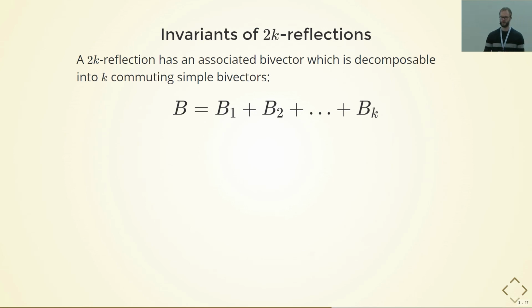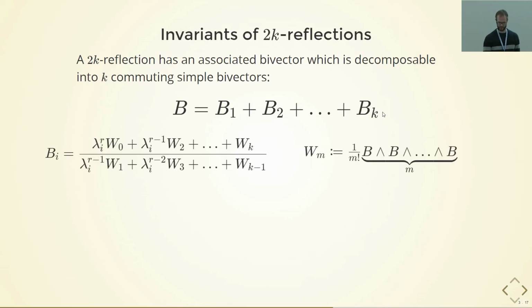And then very quickly, we can now extend this to general 2K reflections. So this can always be split into commuting bireflections. And a 2K reflection is always generated by a bivector, capital B, which can then be split into K commuting parts. And I will just post the formula here.